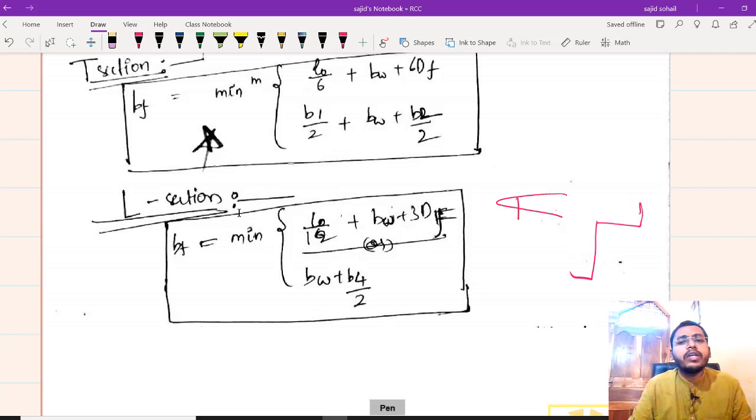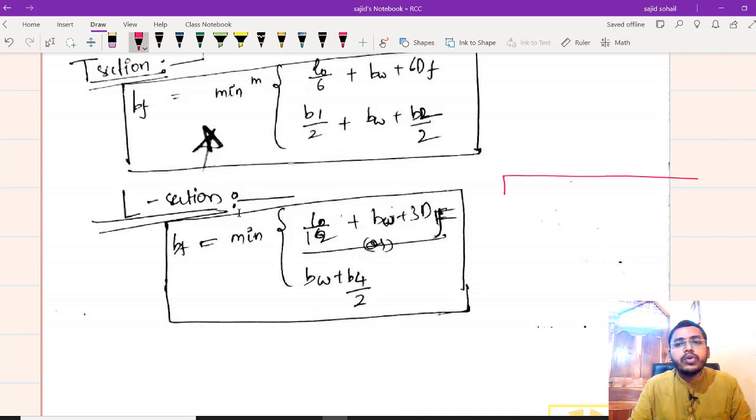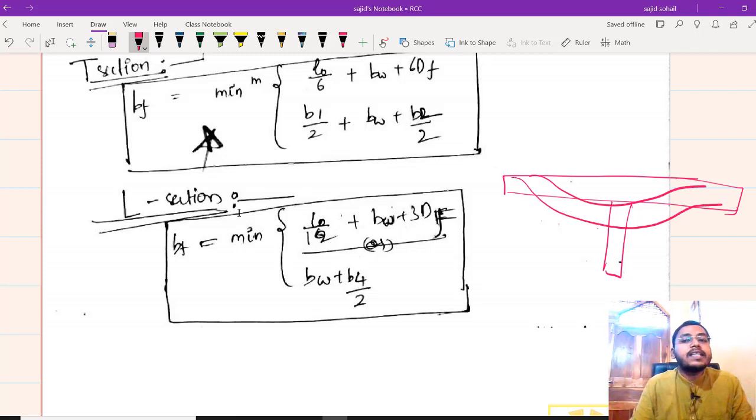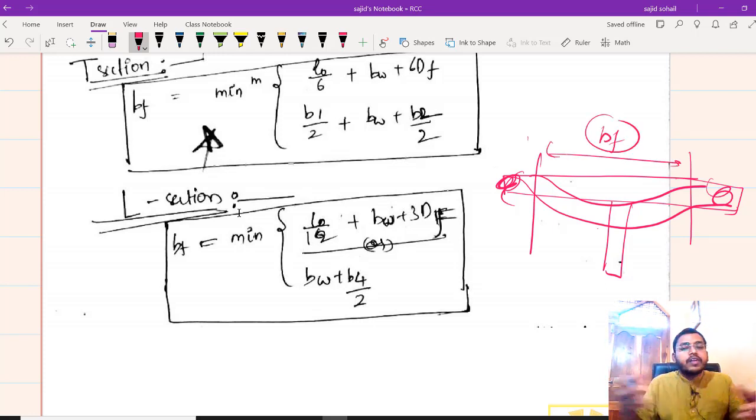It's not that if you keep on increasing your flanges, your bending moment capacity will keep increasing. If you keep on increasing the width of your flange, when the load is acting, only a certain portion of it will participate in the bending activity. The rest is waste, so even if you keep on increasing the width, it doesn't mean it will create more resistance. There is a limit for it. We have to consider only a certain width for the flange.